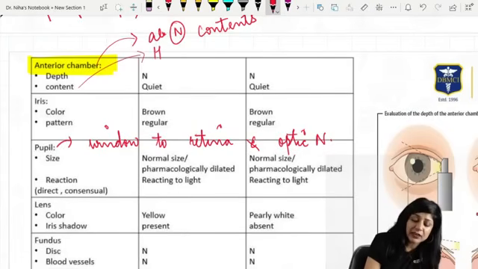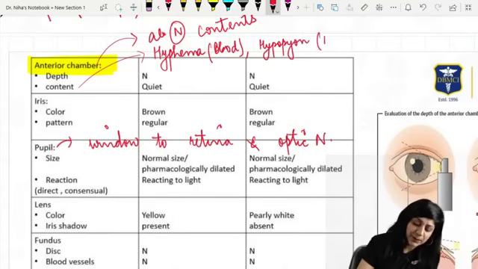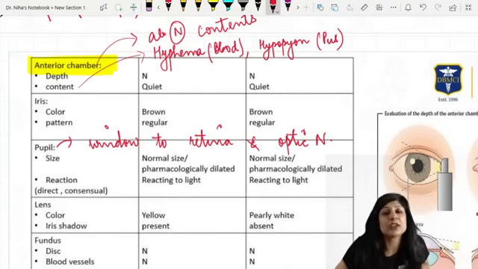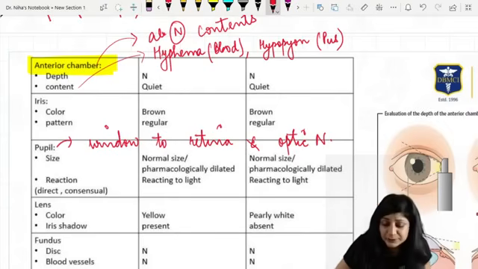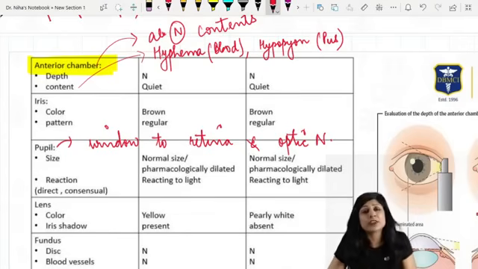I can have hyphema, that is blood in the anterior chamber, or hypopyon, that is pus, exudates in the anterior chamber. Any inflammatory cells can be there. Look for all these things.